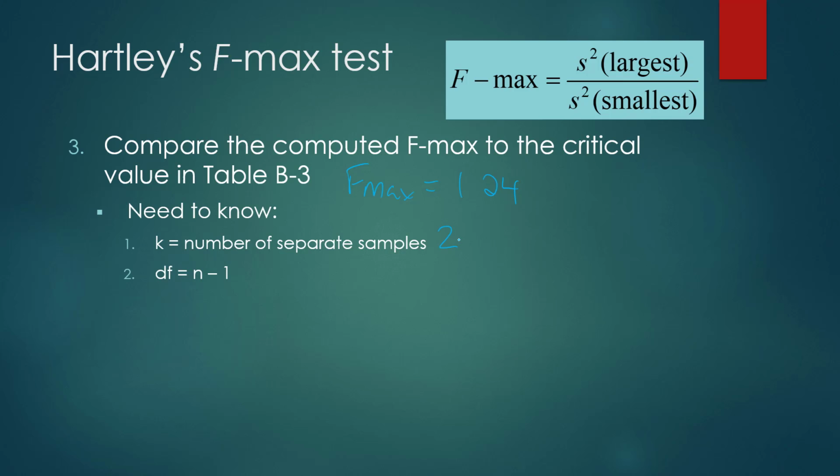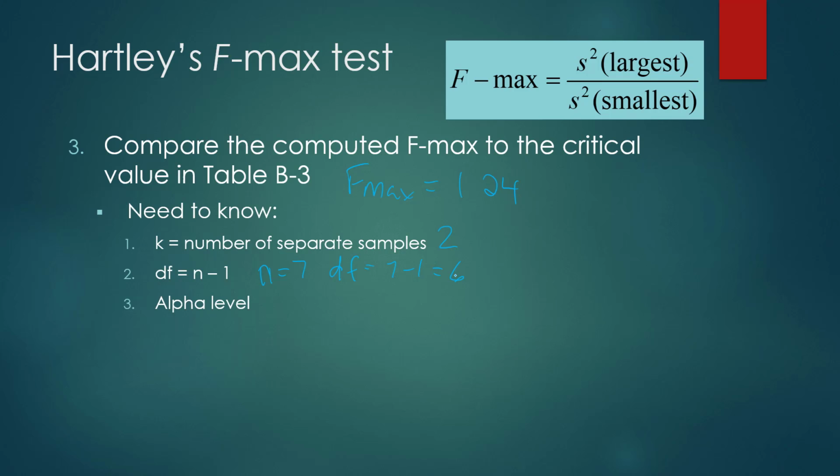We also need to know the degrees of freedom. The Hartley Fmax test assumes that the degrees of freedom, or the n, the sample size, is the same for both samples. In this test example, both of our samples did have the same size. n was equal to 7. So our degrees of freedom, 7 minus 1, is 6.